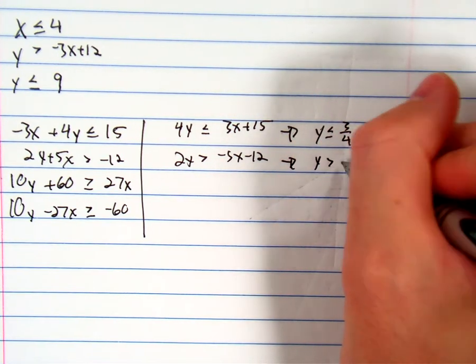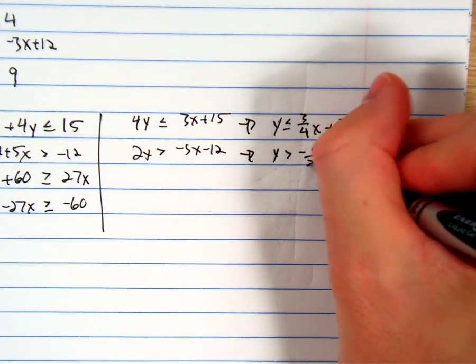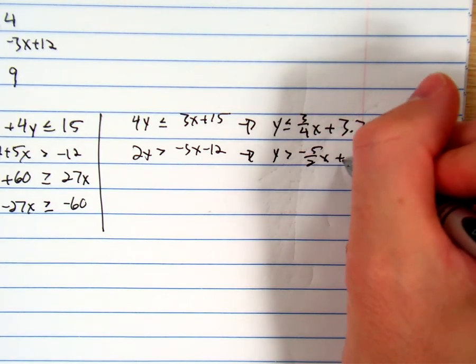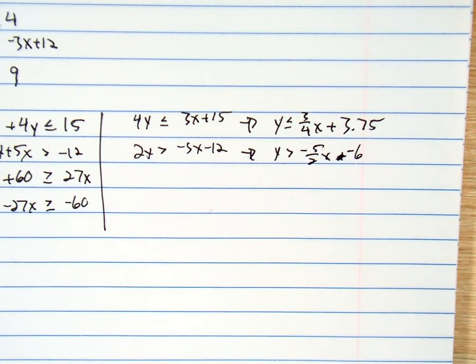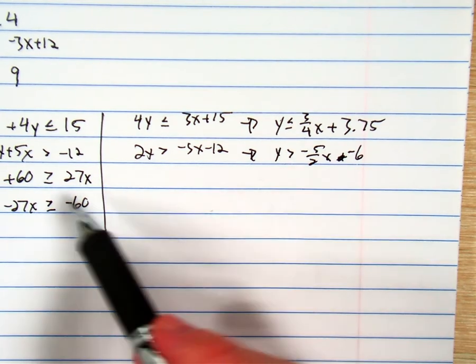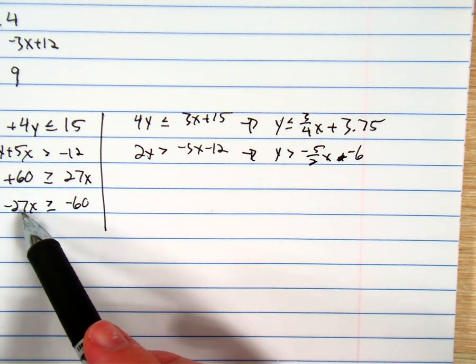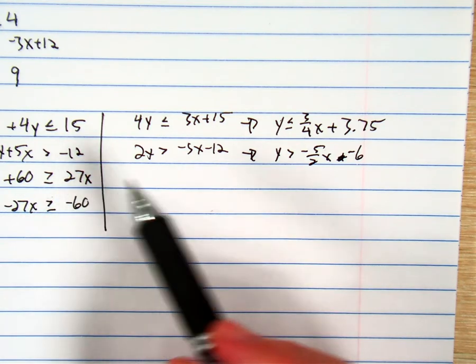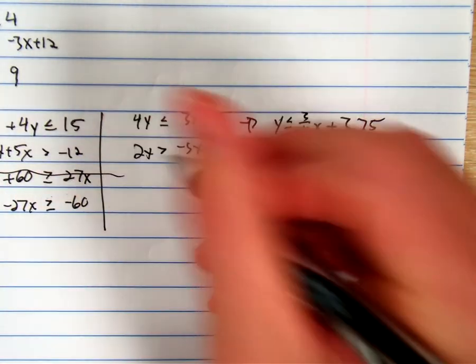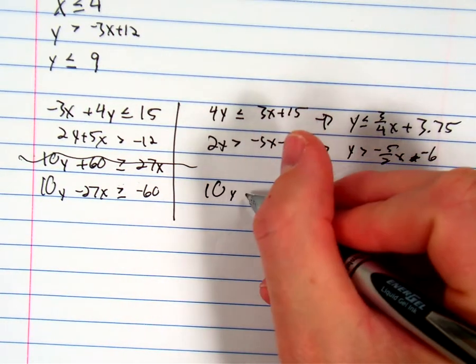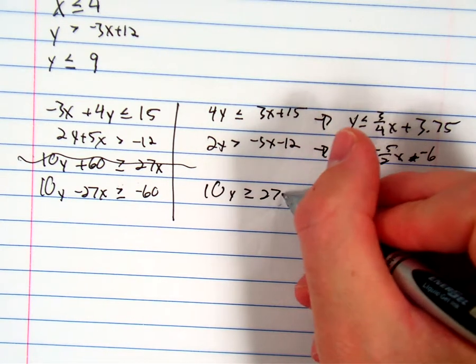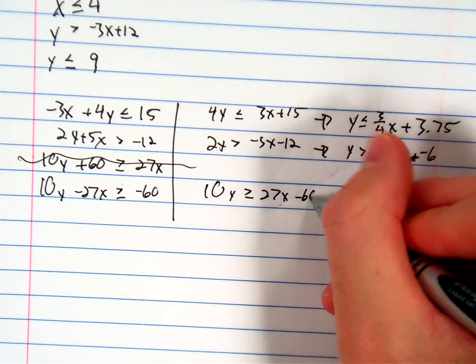Y is greater than negative 5 halves x minus 6. And then this one, okay? We'll have 10y is greater than or equal to 27x minus 60.